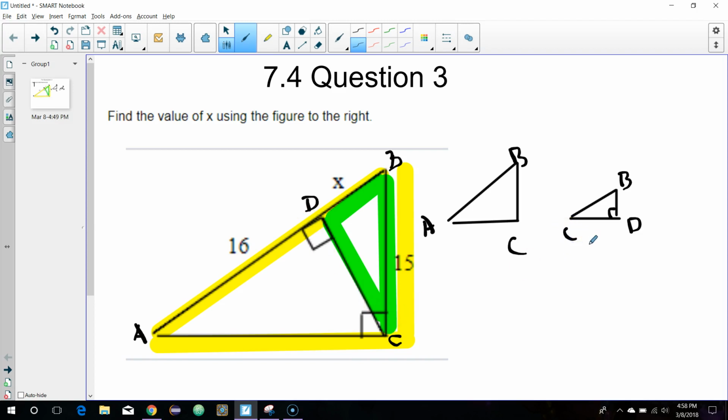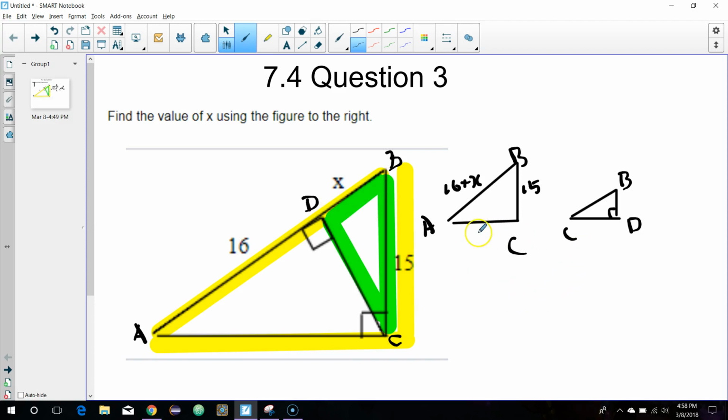Those letters may overlap. Don't get confused about them. Just stay put when you have something like this. After this step, we are just going to put in the numbers. For the bigger triangle, I know that BC is going to be 15. The hypotenuse itself is going to be 16 plus x, right? You add these 2 segments together, you get 16 plus x.